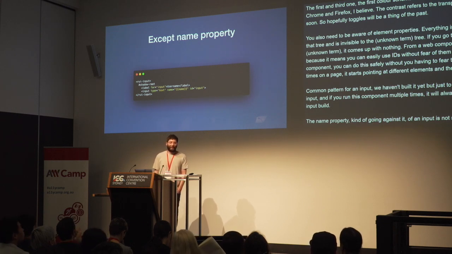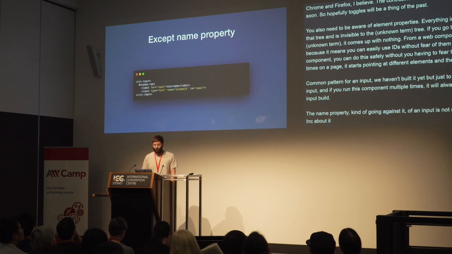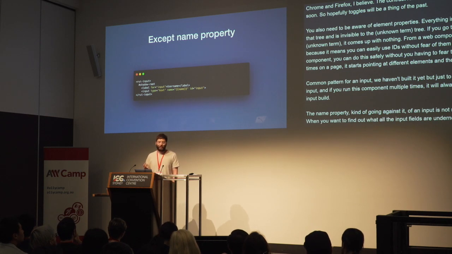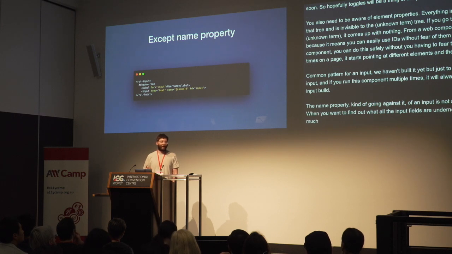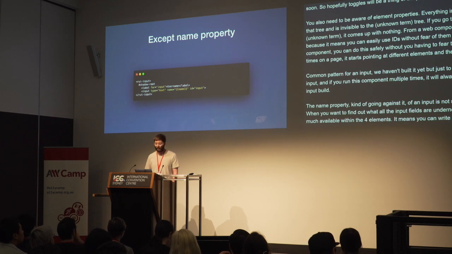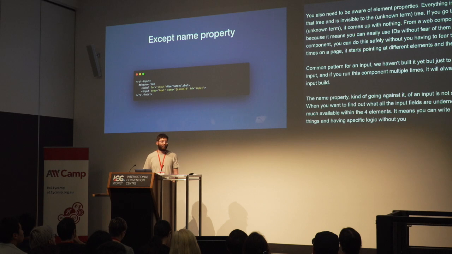But then when you think about it and you want to create a form and find out what all the input fields are underneath, it's actually quite useful that it's still very much available within the form element. As such, you can write a component form and component input fields doing specific things and having specific logic without having to jump through hoops in order to find out what the values are within your inputs.